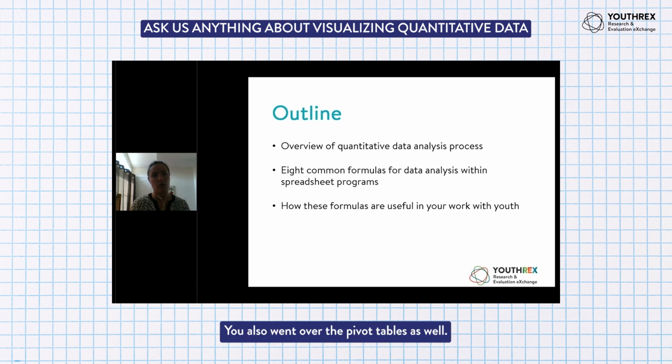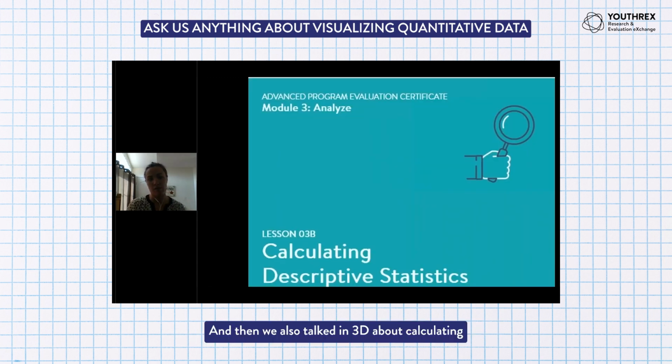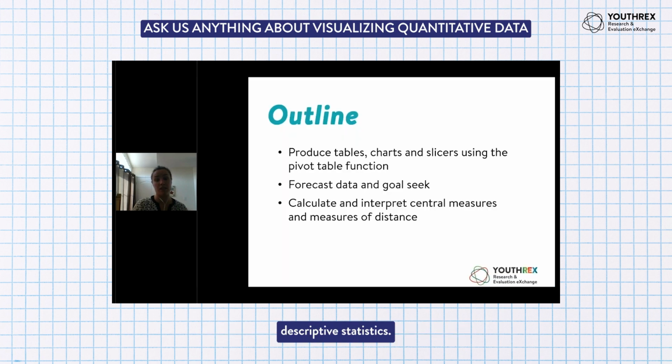You also went over pivot tables as well. And hopefully for some of you that was the first time that you've done pivot tables and a great introduction. I know Sydney did a really great job of actually walking us through how to create a pivot table and what we can do in pivot tables to help with our data analysis on our webinar last week. And then we also talked in 3B about calculating descriptive statistics.